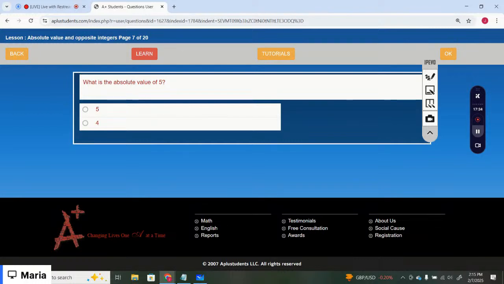What is the absolute value of 5? Absolute values are the positive numbers. So 5 is already a positive number, so the absolute value of 5 is 5. Option number 1 is the correct option.